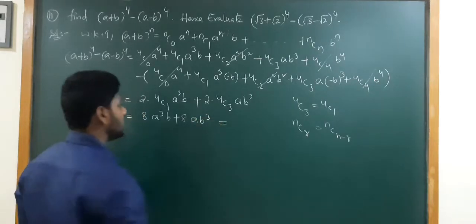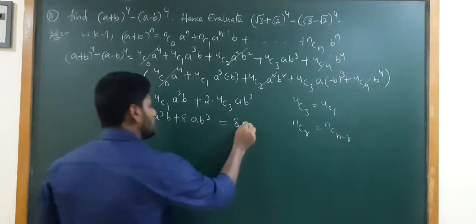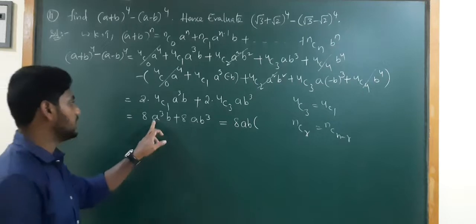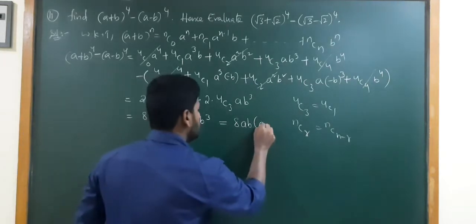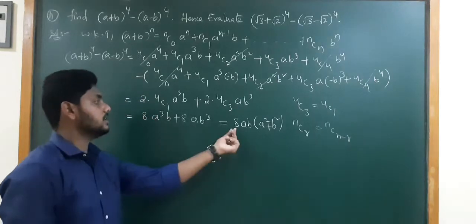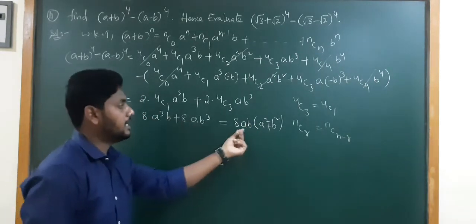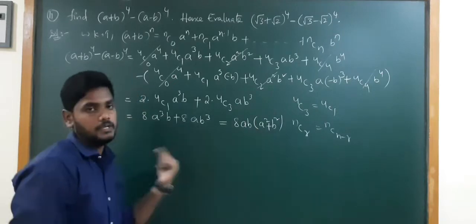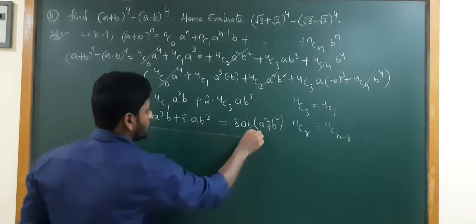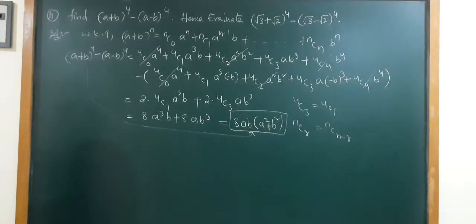From these two we can take 8 common, and also ab common. If we take ab common, here it will be a^2, here it will be b^2, so a^2 + b^2. You can check. 8ab into a^2 is 8a^3 b, plus 8ab into b^2 is 8a b^3. So this is the value of (a + b)^4 − (a − b)^4.